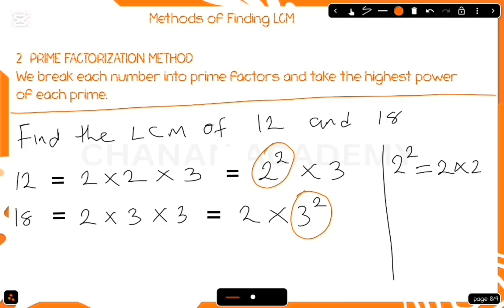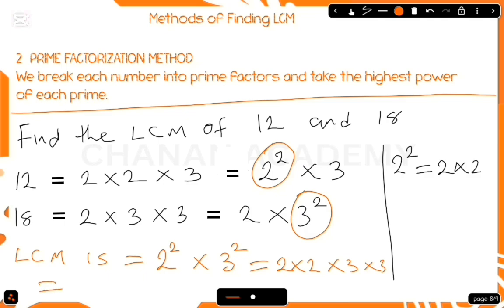So we can say our LCM is equal to 2 raised to the power of 2 multiplied by 3 raised to the power of 2, which is equal to 2 multiplied by 2 multiplied by 3 multiplied by 3.